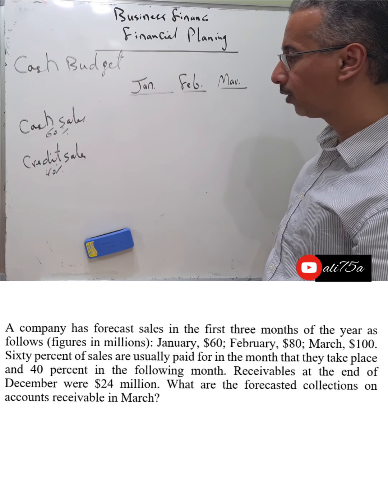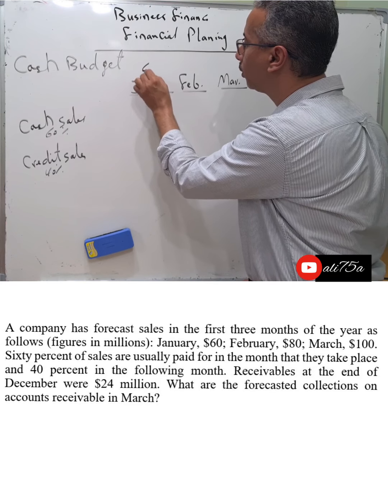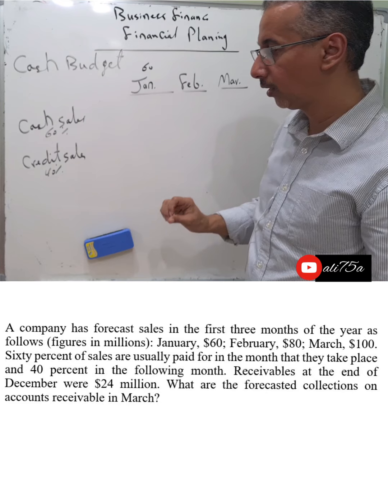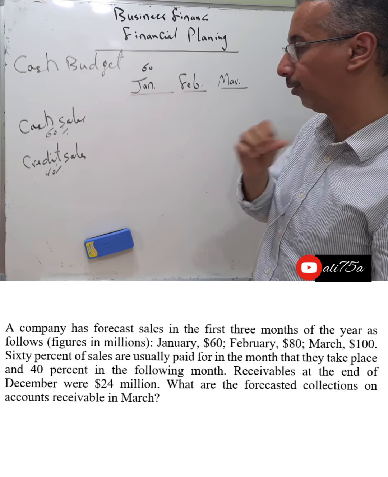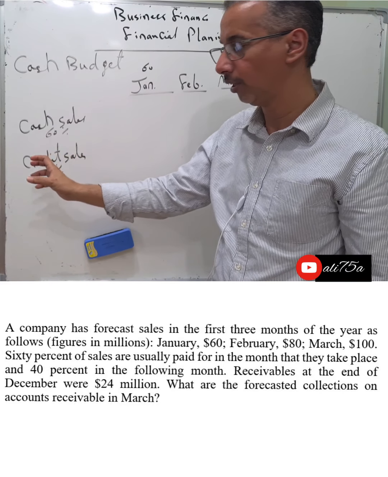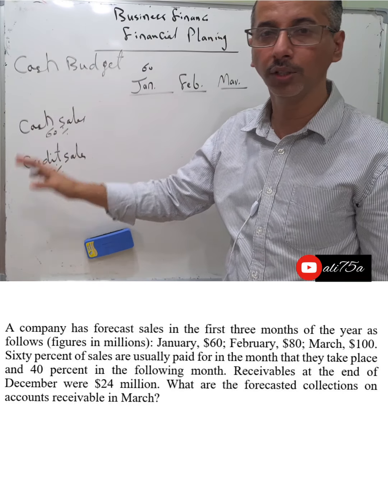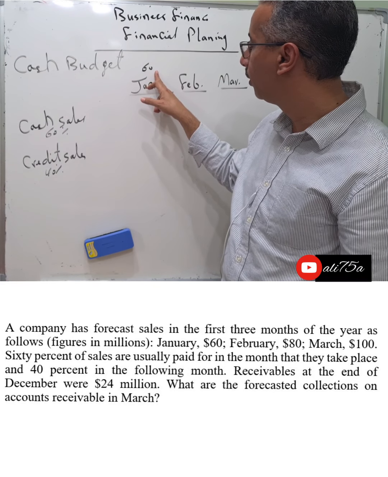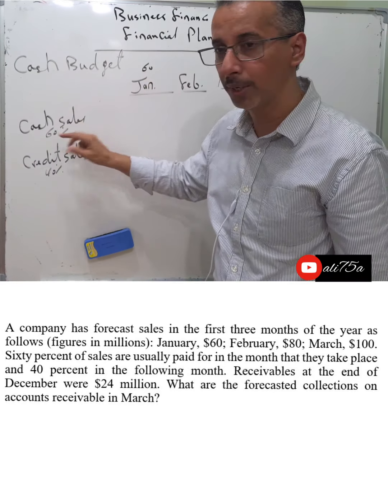So the first month, January, the sales here, we could put it here, 60 million. They estimate to sell during January, but as their policy, they collect only 60% in the same month. So 60 million times 60 percent will be 36.